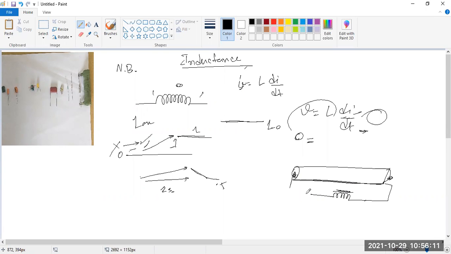Why was this choke used? And nowadays there is a fluorescent tube experiment in your basic labs. Why was this given? Because here you can study this di/dt, means the current or the voltage is changing, and this current is changing by using a starter.